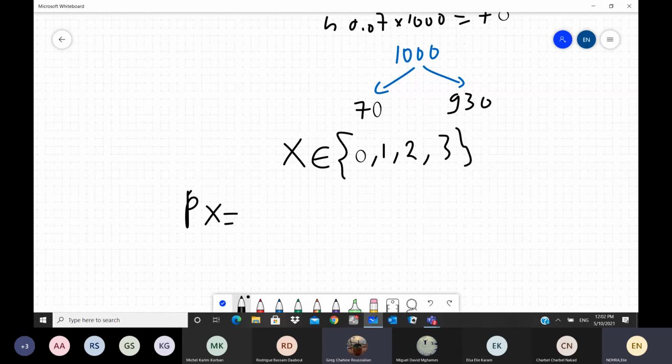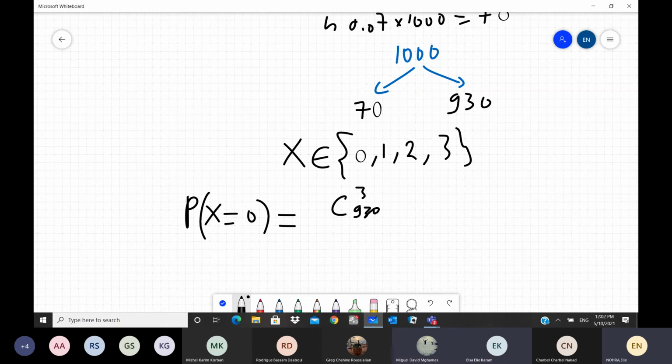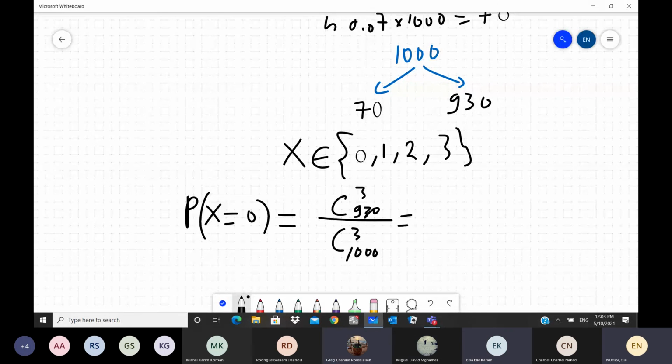Now, P of X equal to 0. What does 0 mean? Choosing nobody from the 70, meaning all from the 930. So it's C3 930 over C3 1,000. Can I have the answer, please? Yes, of course, sir. It's 0.80.